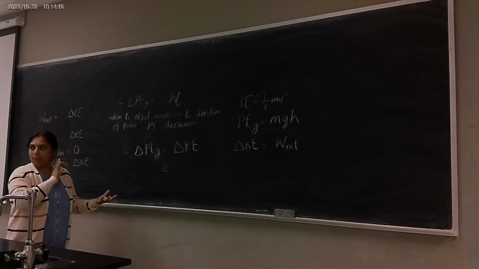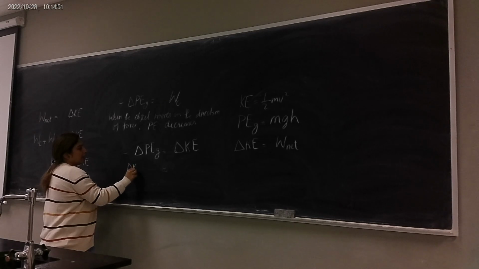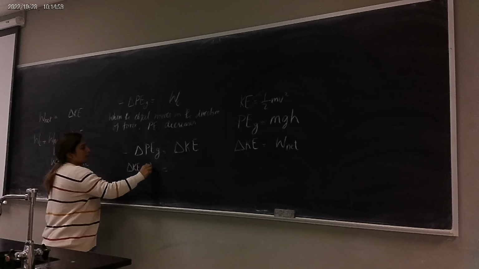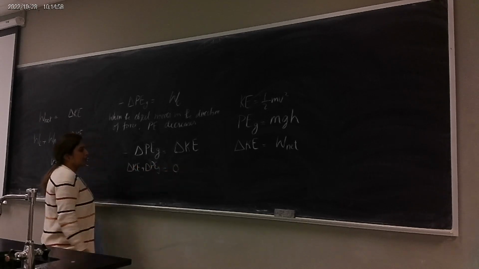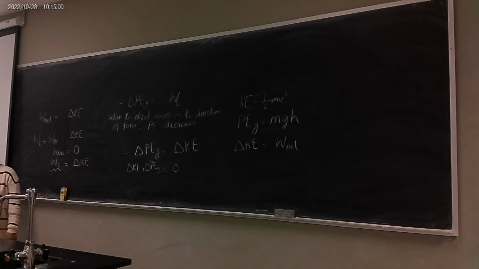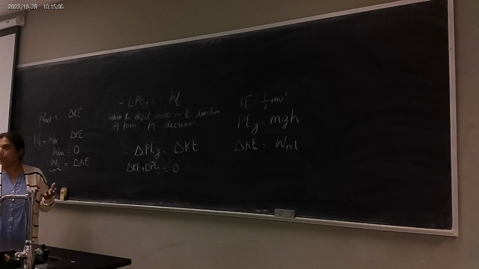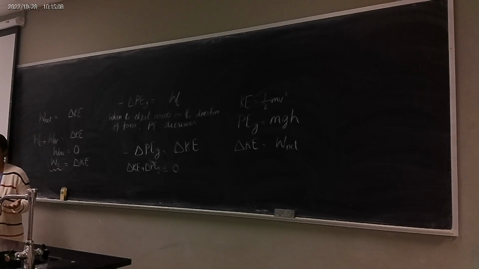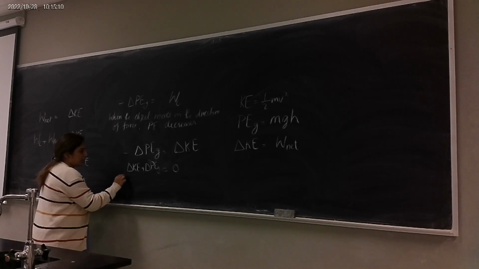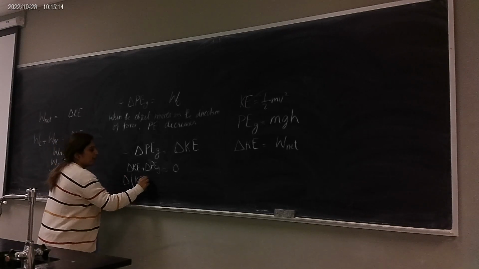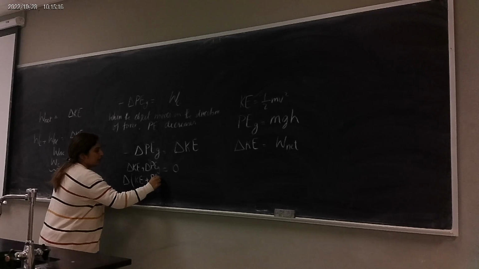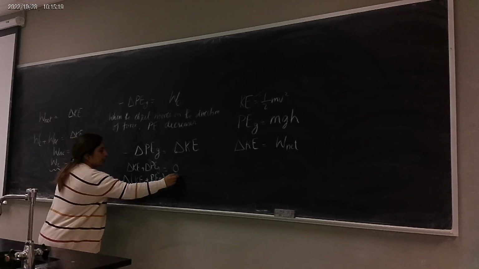Bringing them to the same side, delta KE plus delta PEG is equal to 0, right? Because they both are changes, I can take the delta outside: delta of (KE plus PEG) is equal to 0.